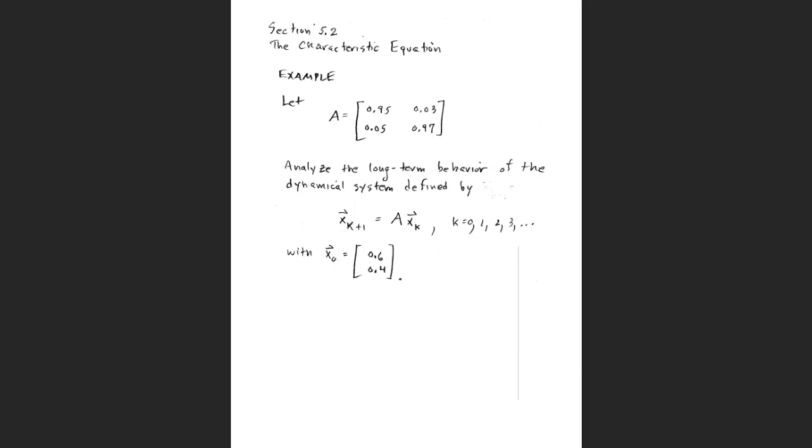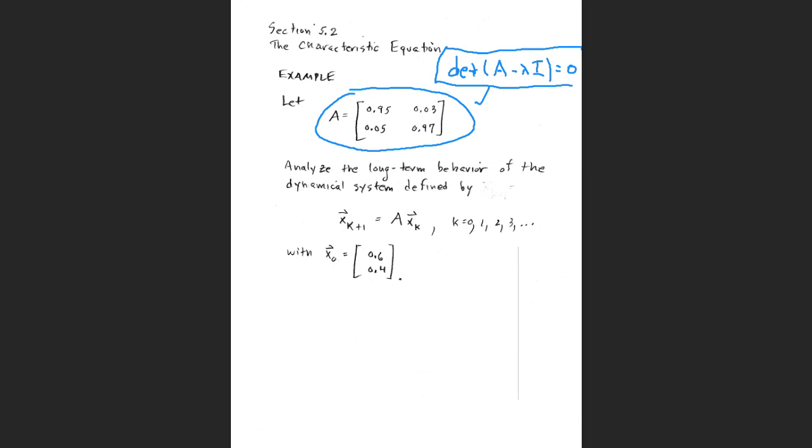When you have decimals like this, it's not an easy matrix to work with, for instance in doing row operations or solving the characteristic equation, determinant of A minus lambda I equals 0. Before we find eigenvectors, we have to find eigenvalues. That's the characteristic equation, but it's a little hard to work with because of these decimals.